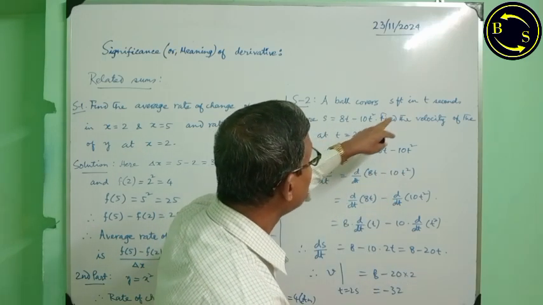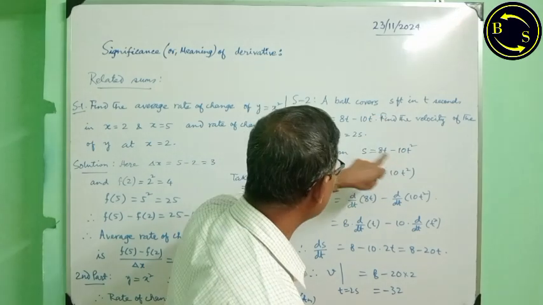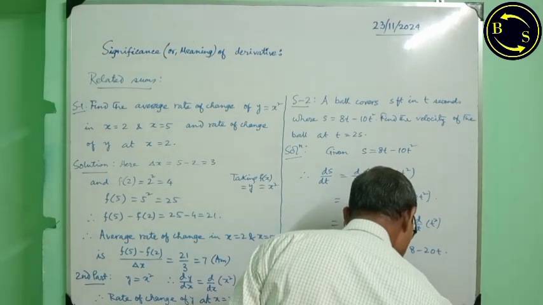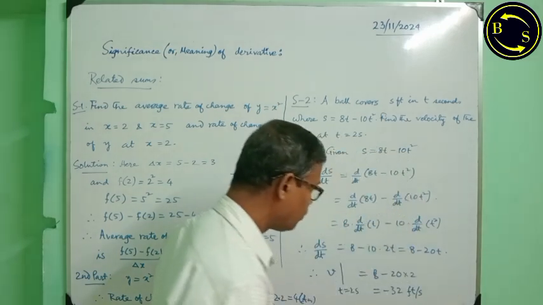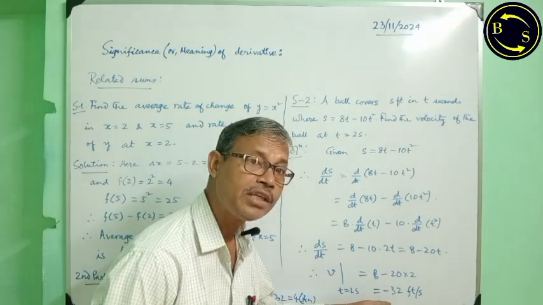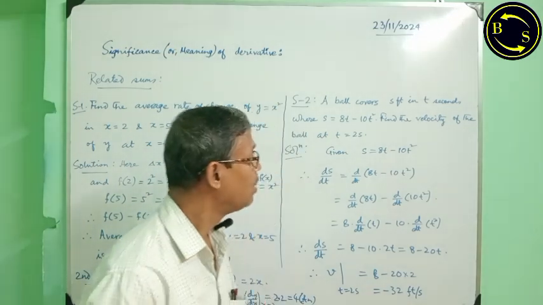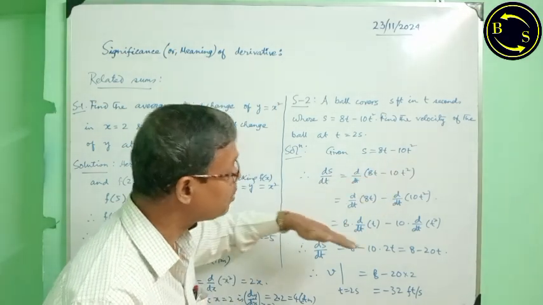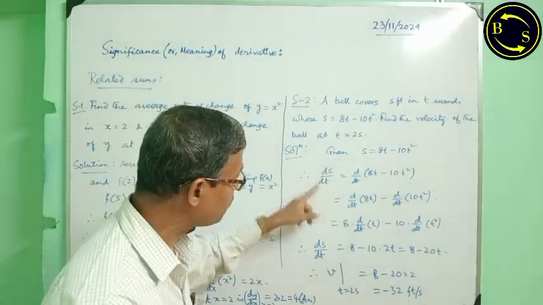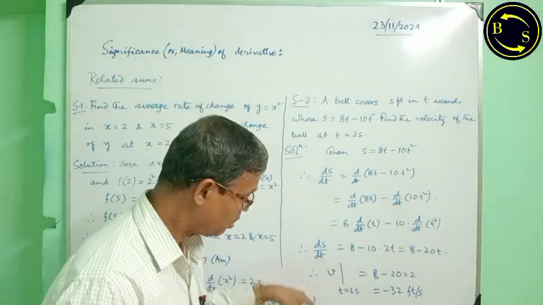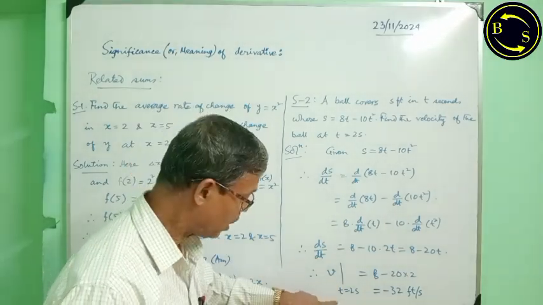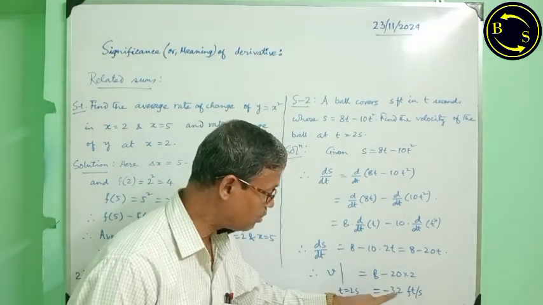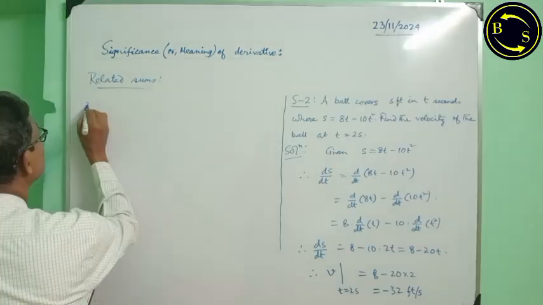Here the unit of distance is feet and time is seconds. Therefore the velocity will be minus 32 feet per second. S is in terms of t, therefore ds/dt is the velocity. We have calculated first ds/dt at any time t, then put the value t equal to 2 s, and calculated the velocity as minus 32 feet per second.